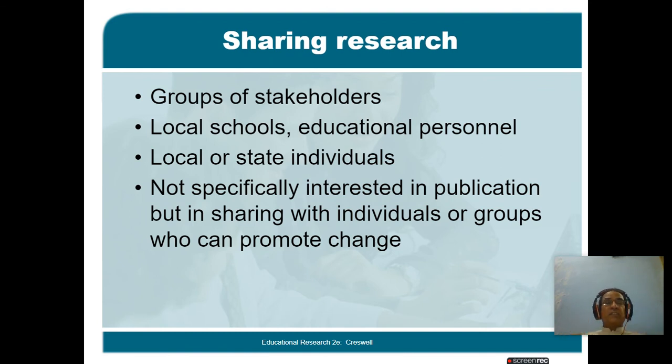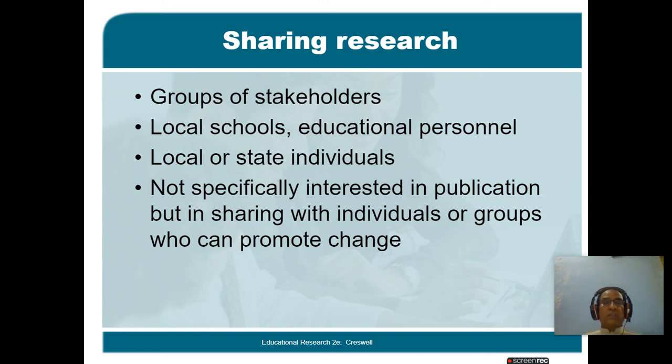Sharing of action research: the group of stakeholders like the teacher, educator, parent, and administrator all share the research with one another to solve the problem. Local schools, educational persons, and local individuals also share the research at the local level.